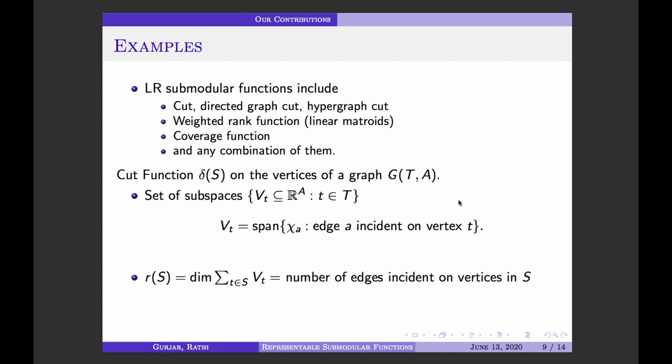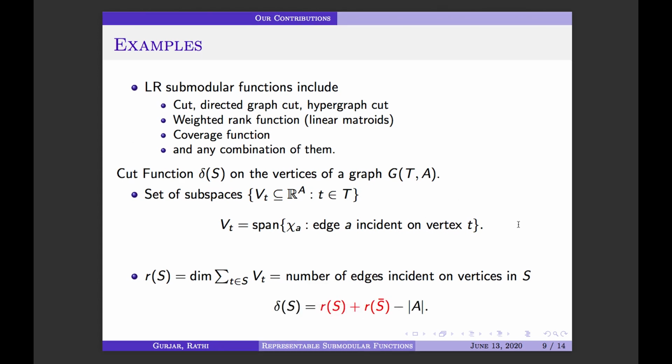Now, what is the rank function corresponding to this family of subspaces? If you take any set of vertices S, R of S will be simply the dimension of the sum of these subspaces where the vertices belong to the set S, which is nothing but the total number of edges incident on any vertex in the set S. Now, once you observe this, it's easy to see that the cut function delta S is given by this equation: R of S plus R of S bar minus the cardinality of A, which is the number of all edges.